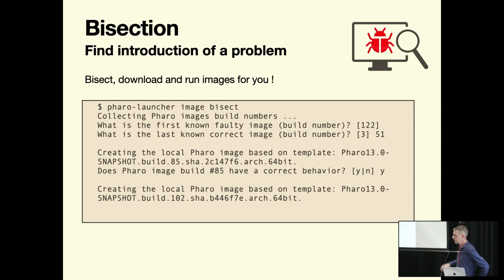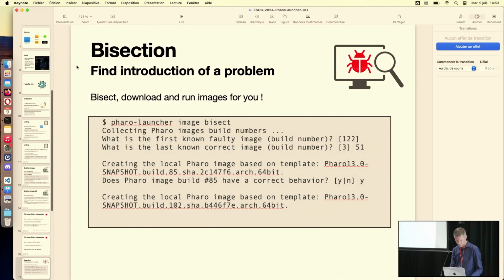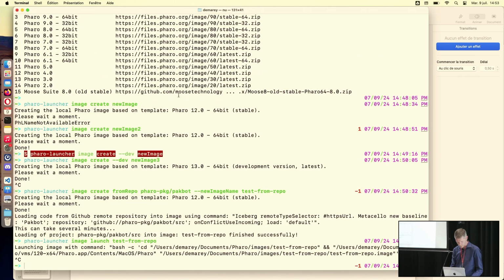This one is also very nice because in Pharo, when a bug is introduced, sometimes you want to detect, okay, when did we introduce this bug? So there is a nice algorithm that will do a bisection. I can show you very quickly.